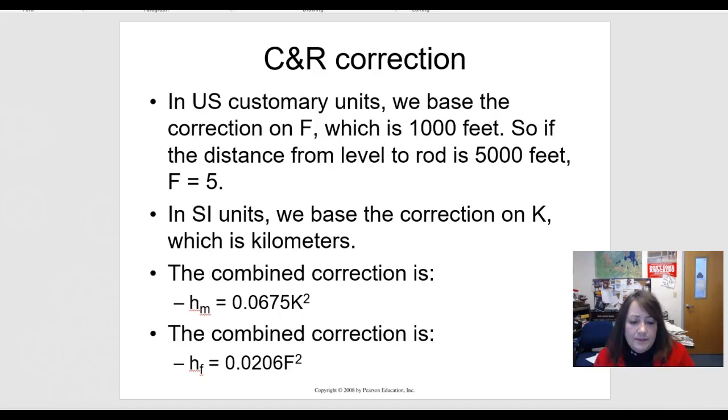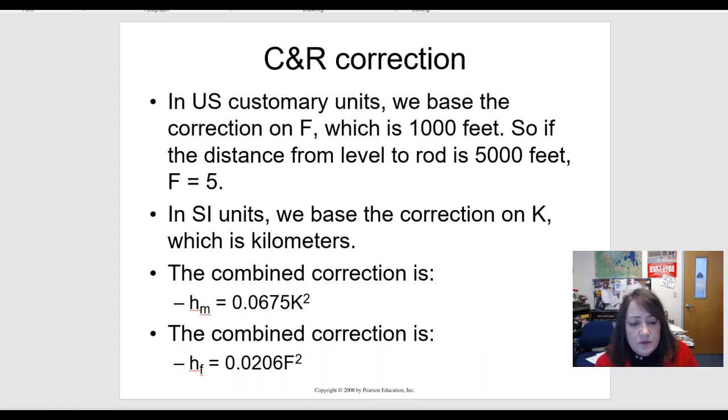We need one correction if we're using SI units and one if we're using US customary units. In US customary units, we base the correction on capital F, which is thousands of feet. So if the distance from the level to the rod is 5,000 feet, F is equal to 5.